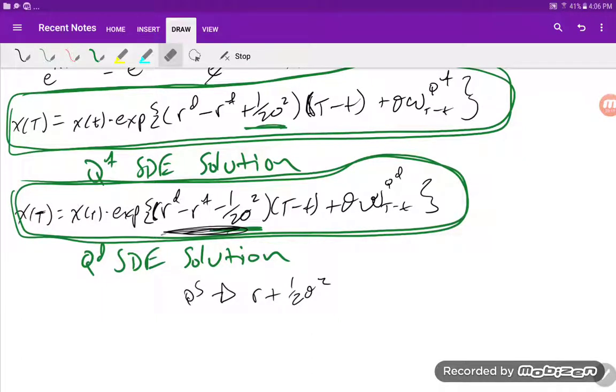Maybe you always wondered why d1 has plus 1/2 sigma squared, but d2 has minus 1/2 sigma squared? It's because, due to the conditionality of the first part of the equation, you need to change measure from Q to QS.